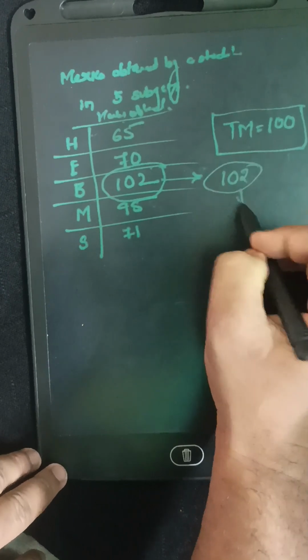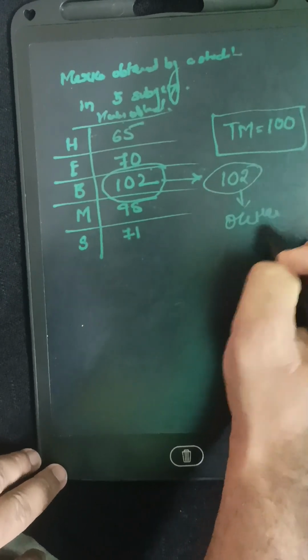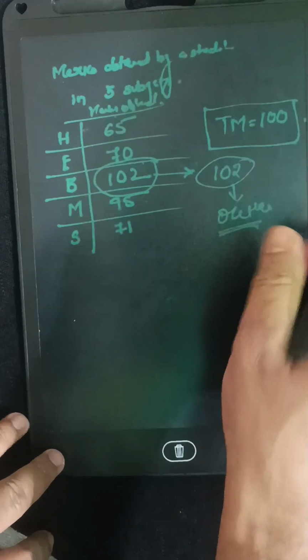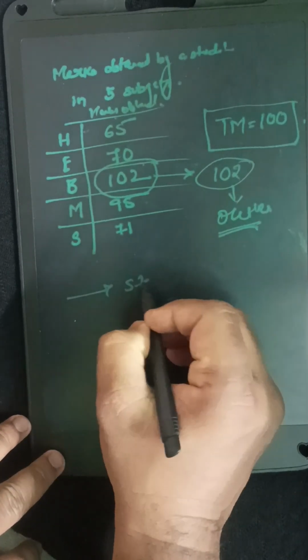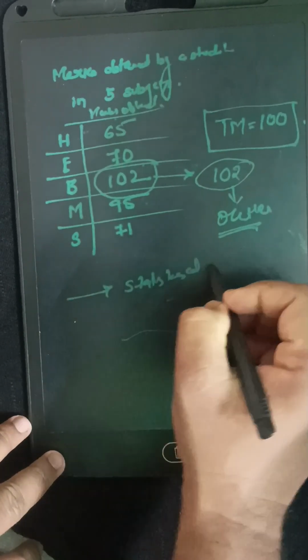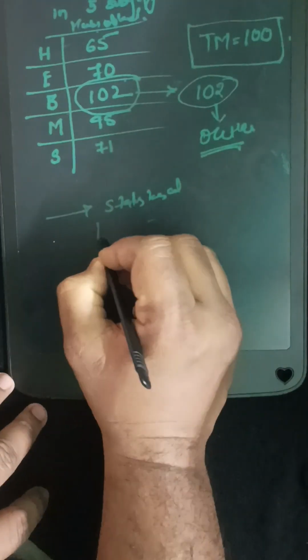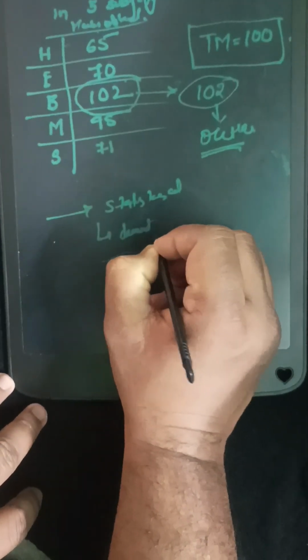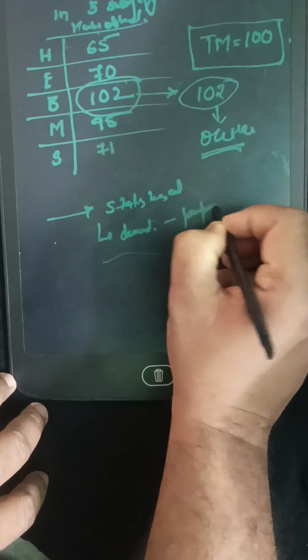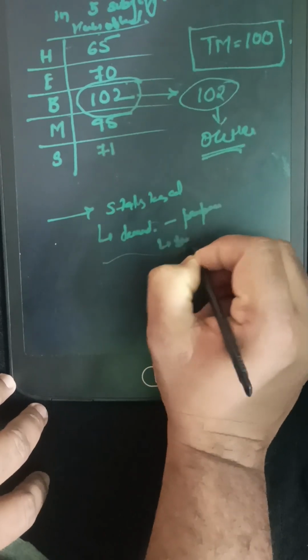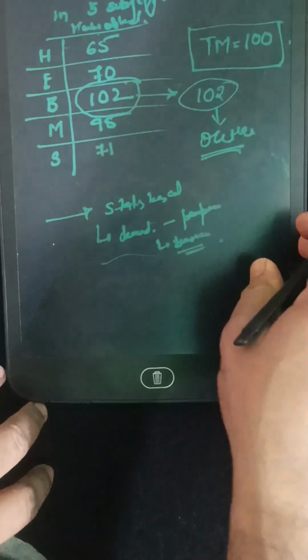Therefore 102 may be taken as an outlier in this case. It particularly depends on the statistical concepts we are taking up, or the purpose, the business demands or deals we are dealing with.